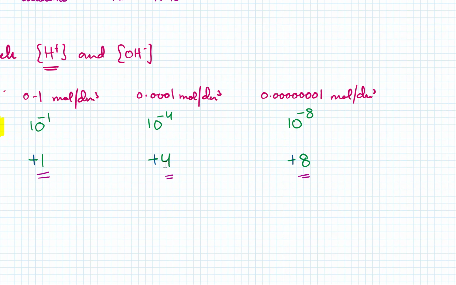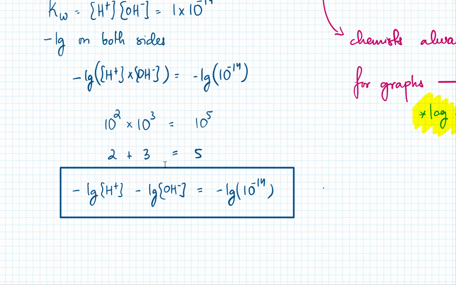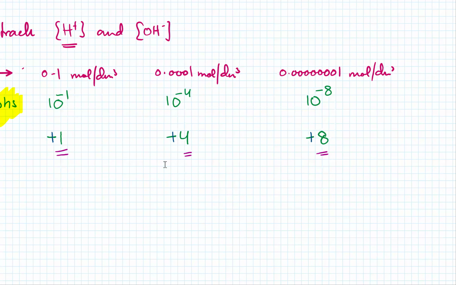So I just multiplied everything by a minus sign to get rid of the minus values, because the concentrations are always smaller values. You're not going to get 1000 mole per dm cube. If you take the log of that, 10 power 3, you'd get 3. But when you're tracking concentration, it's never going to be 1000 mole per dm cube.